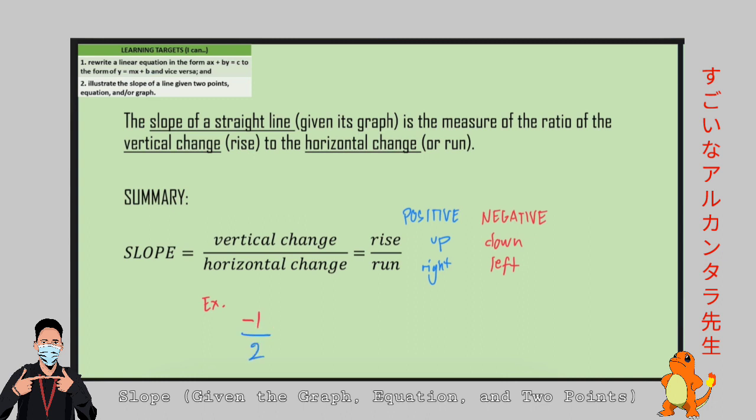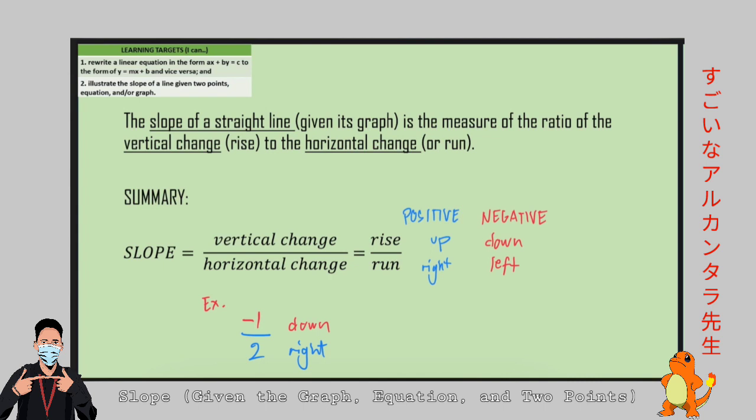You already know that here, what you're going to do is go down and then go right in terms of your movement. That's something that you have to remember.